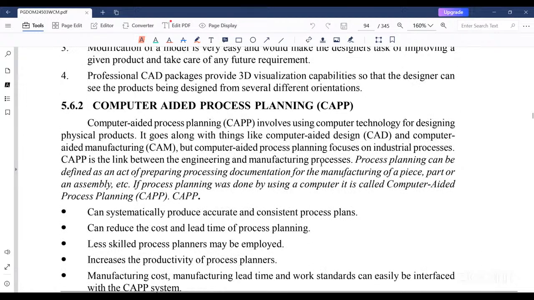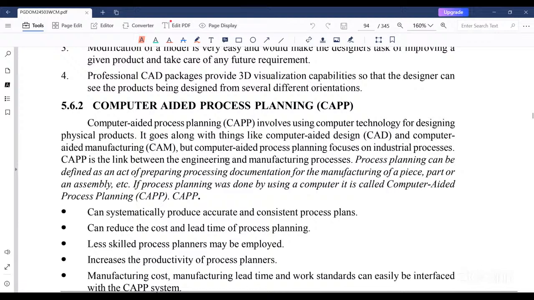Next one is CAP, computer aided process planning. CAD was used only for designing geometric models, and CAP uses computer technology for physical products.